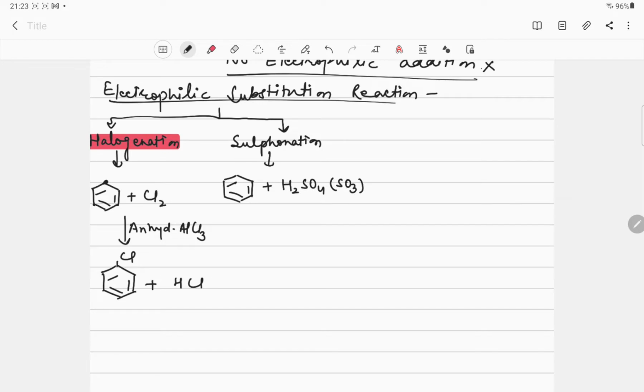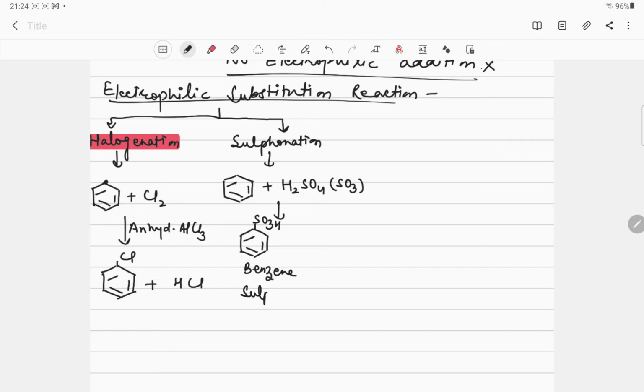What is this fuming sulfuric acid? That is H2SO4 in presence of sulfur trioxide fumes, or you may say it is oleum, H2S2O7. In presence of that, the sulfonation reaction is carried out, and the product obtained will be benzene sulfonic acid.